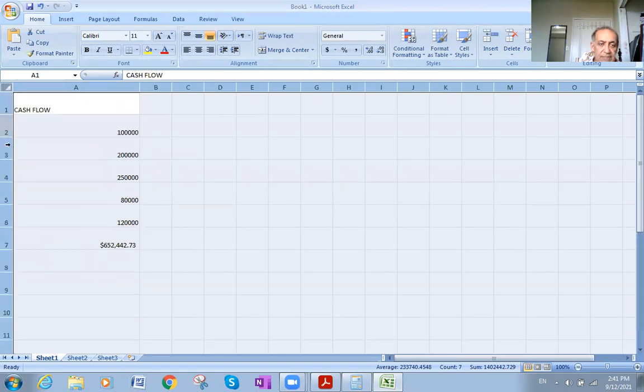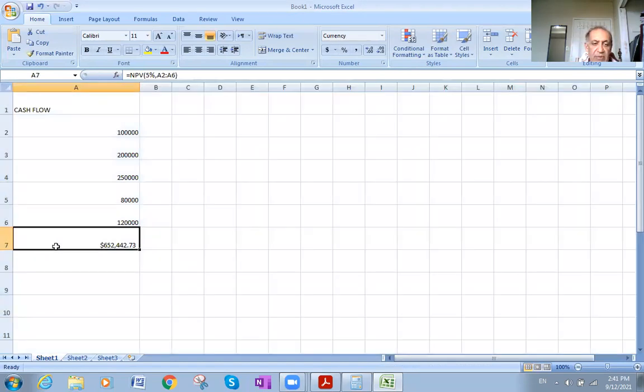This is our net present value for the five years, using the built-in function. So it doesn't matter whether the problem uses different amounts as cash flows, or the same amounts as cash flow.